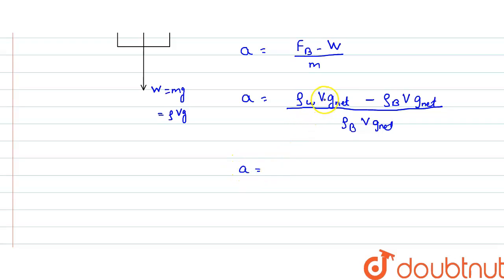In the mass gravity would not come, it would be just rho into V. So we can cancel this V from the numerator and the denominator. What we are left with is rho W by rho B minus 1, into g net.